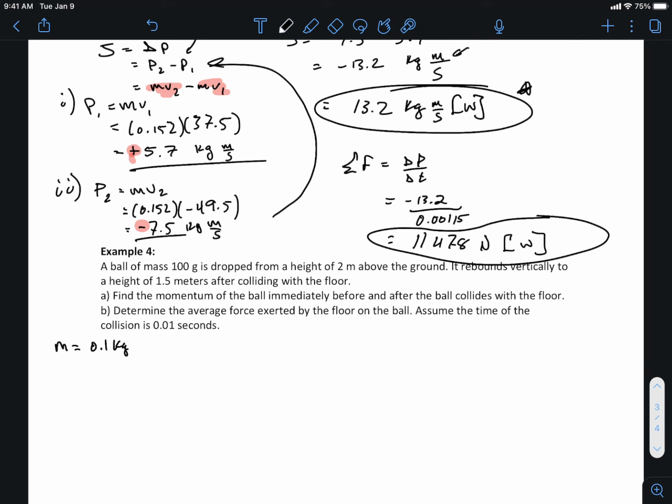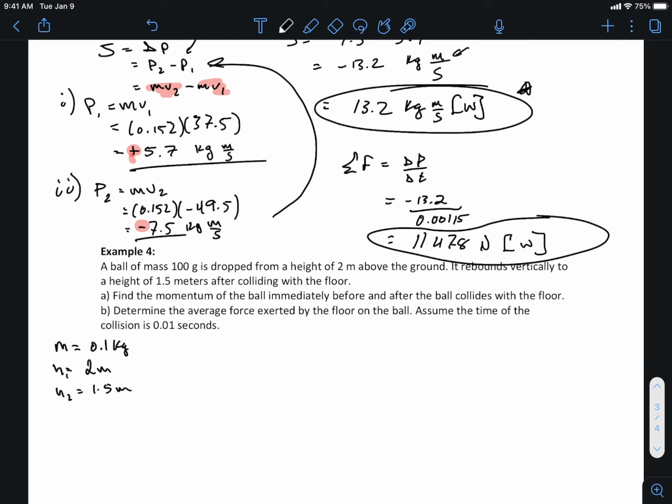And then we know, okay, well, it got dropped from 2 meters above the ground. Okay, so we know H equals 2 meters. Okay. And then it rebounds vertically to a height of 1.5 meters. Okay, so we call this H1, and H2 will be 1.5 meters.